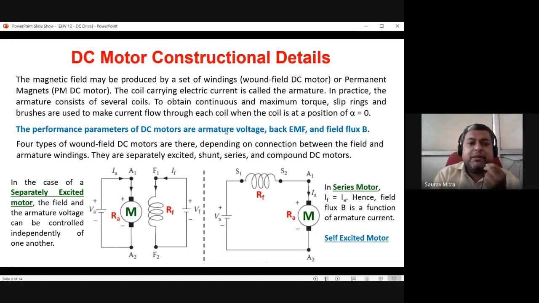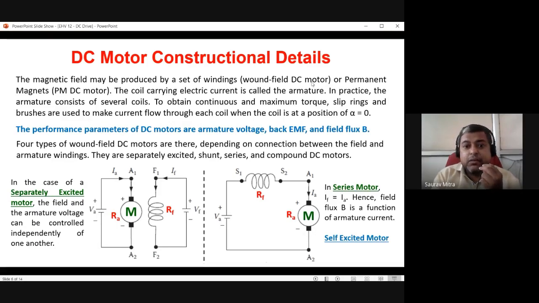The performance parameters of DC motors, very important, remember this, are armature voltage, that means the voltage between these two points, and back EMF. Back EMF: whenever the armature conductor, which is a coil, gets some electricity, as per the inductor rule it generates a reverse force which opposes the cause of its creation.